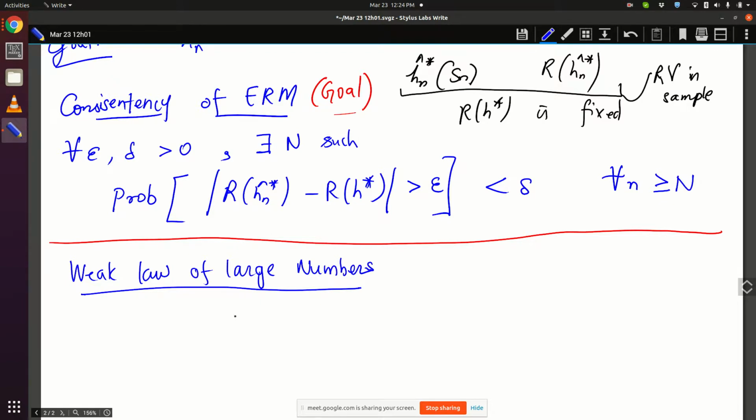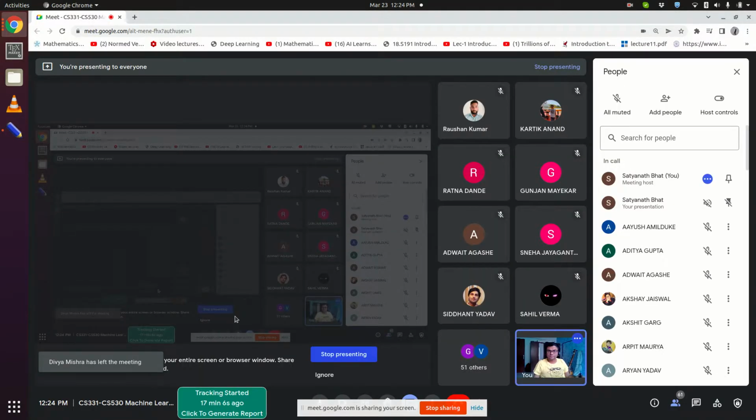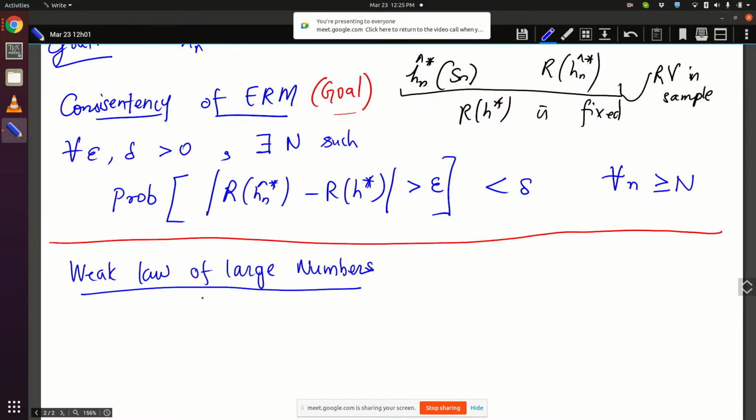At least informally, what do you remember? Sneha, can you tell what the weak law of large numbers is?